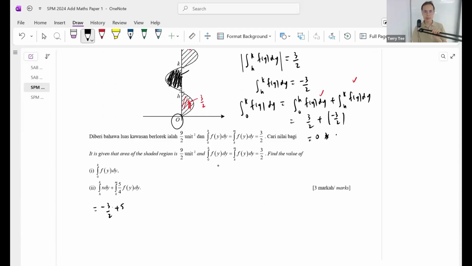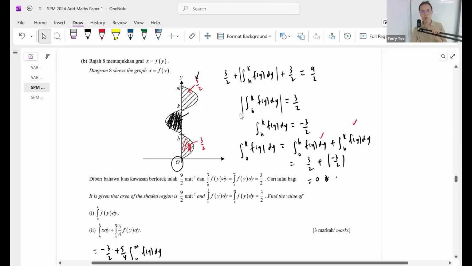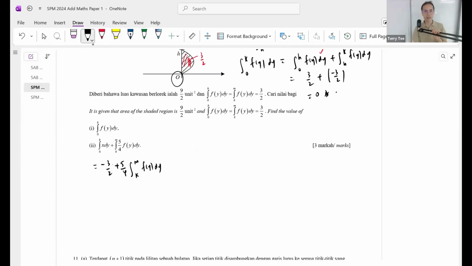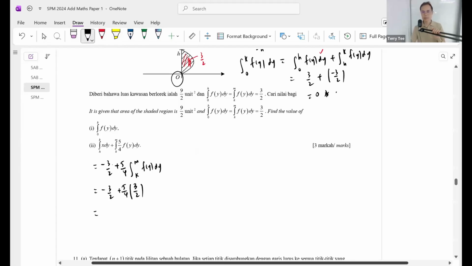This one, the 5 over 4, we can take out. K to m f y dy is the same, right? They are all 3 over 2. This part here, maybe I use a different color. This part here is also 3 over 2, right? Okay, so we just add them together. Negative 3 over 2 plus 5 over 4 times 3 over 2, right?